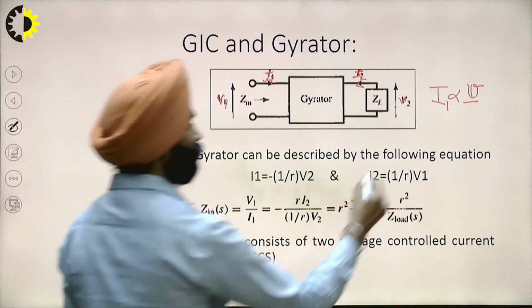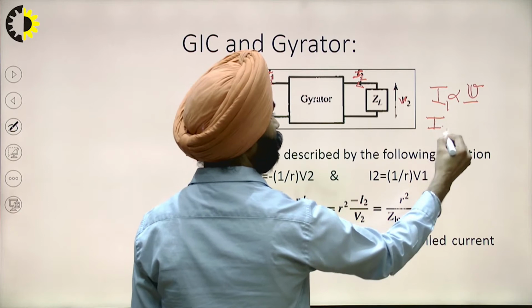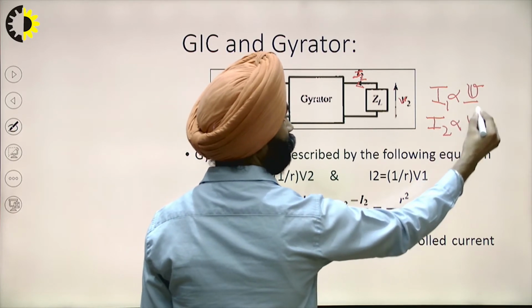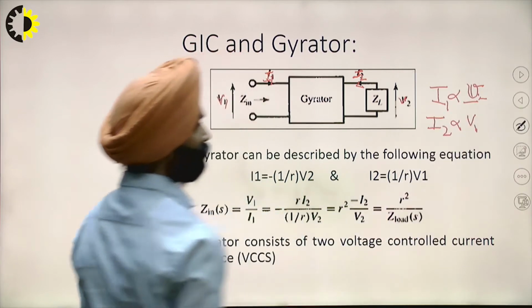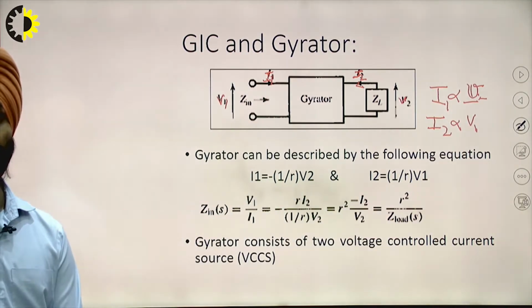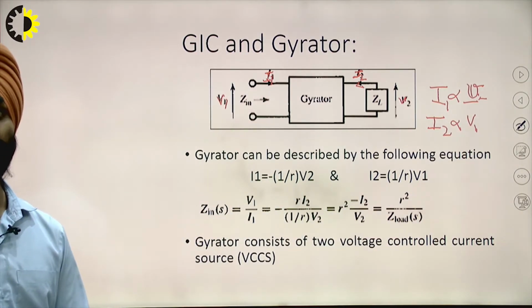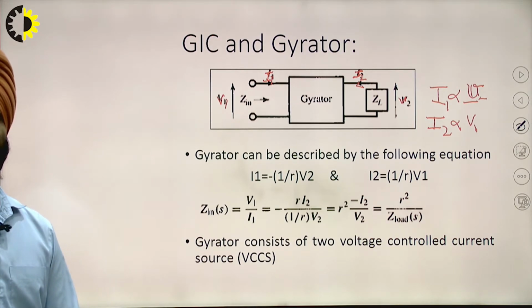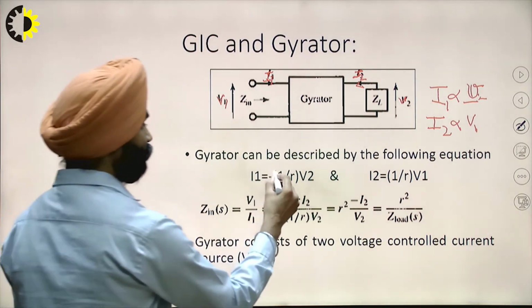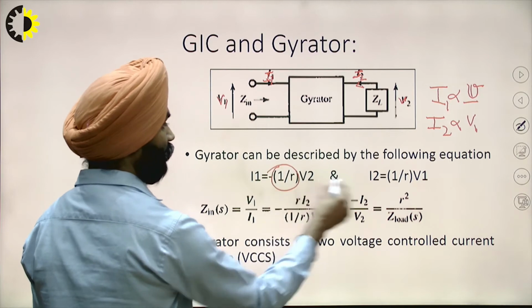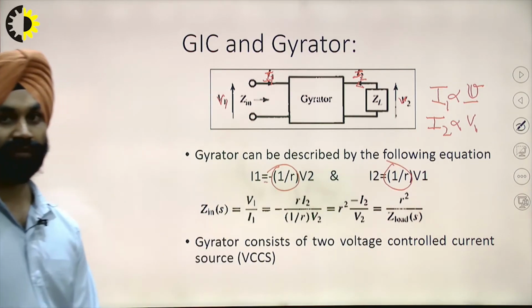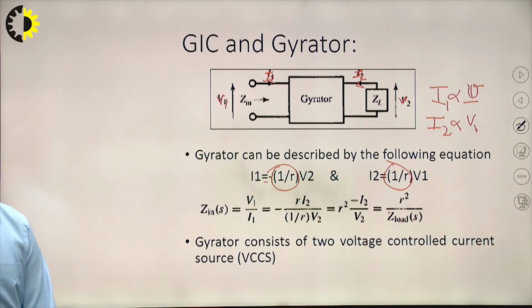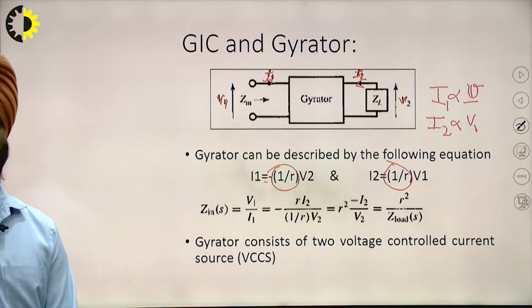The output current is proportional to the input voltage, and the proportionality constant is 1 by R for the two equations. Here the negative sign shows the direction of the current.